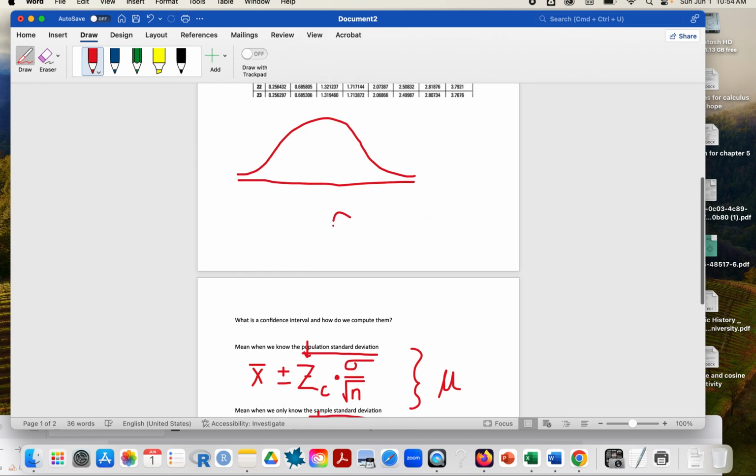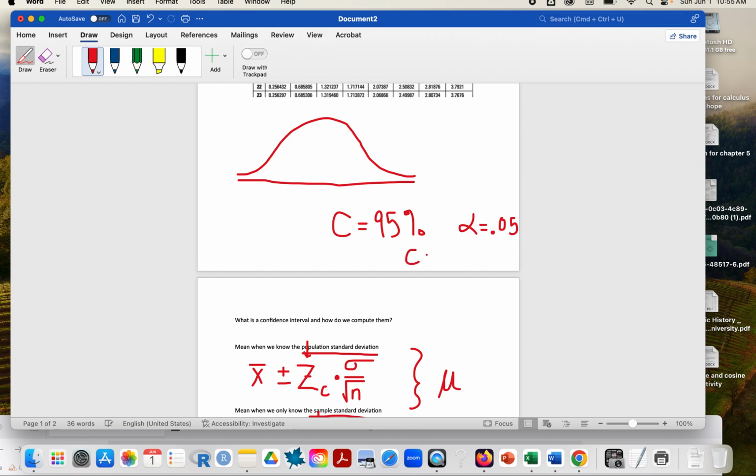So if your confidence level is 95%, and this is the default level for confidence intervals. So the default level for hypothesis testing is alpha, and it is 0.05 if nothing is mentioned. Well, the default level for confidence intervals is 95% or 0.95.